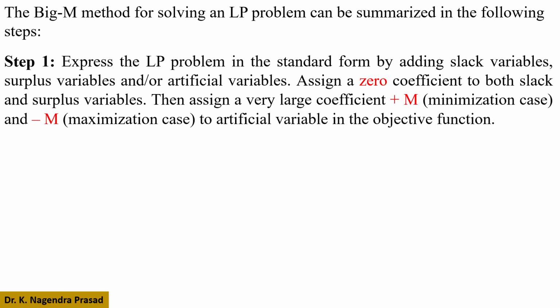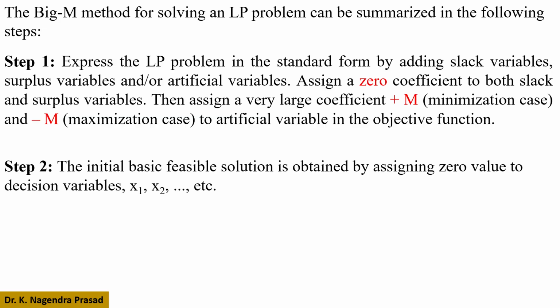After that, we have to assign a zero coefficient to both the slack variables and the surplus variables. Then assign a very large coefficient +M in the minimization case and -M in the maximization case to the artificial variables in the objective function.